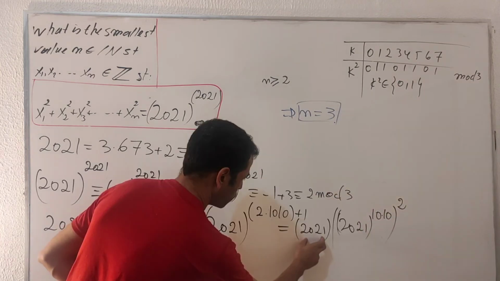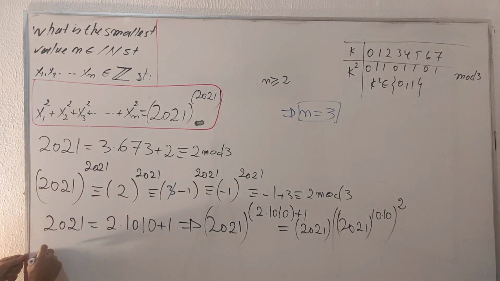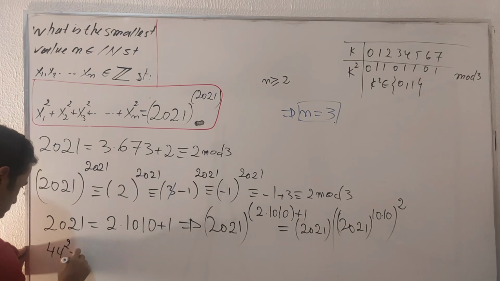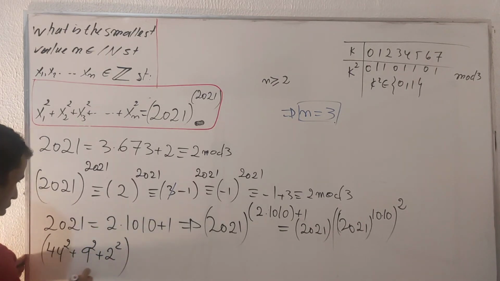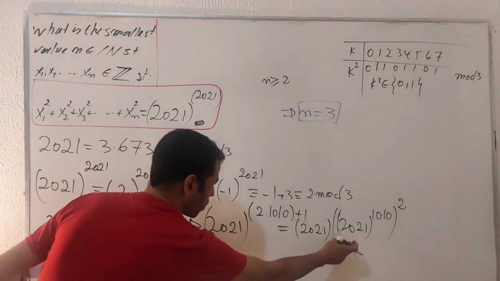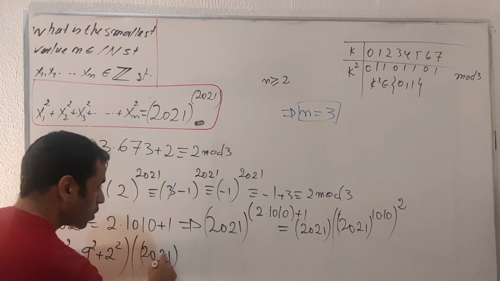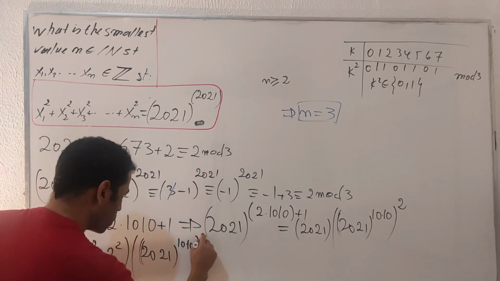Let's put this on the form of squares. We know 2021 equals 44 square plus 9 square plus 2 square, which is going to be multiplied by 2021 to the 1010, all powered number 2.